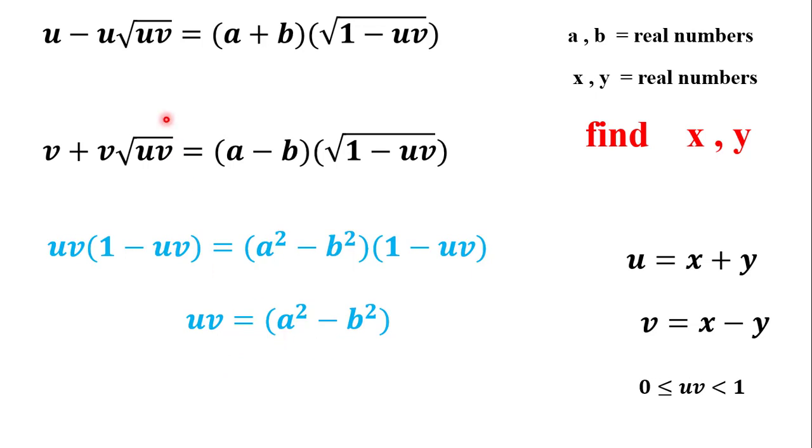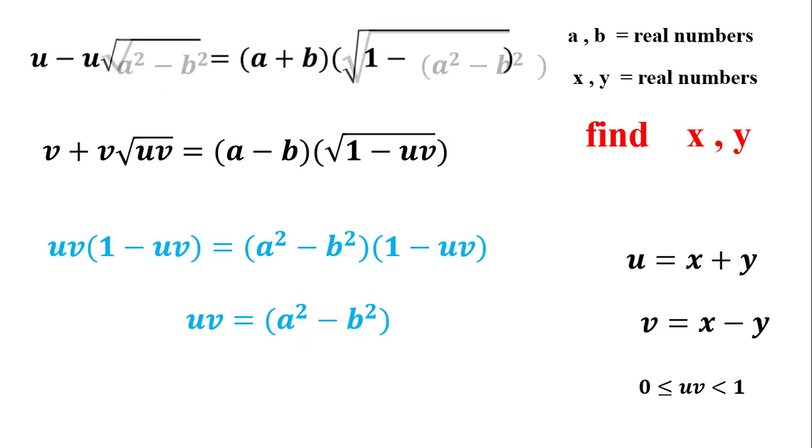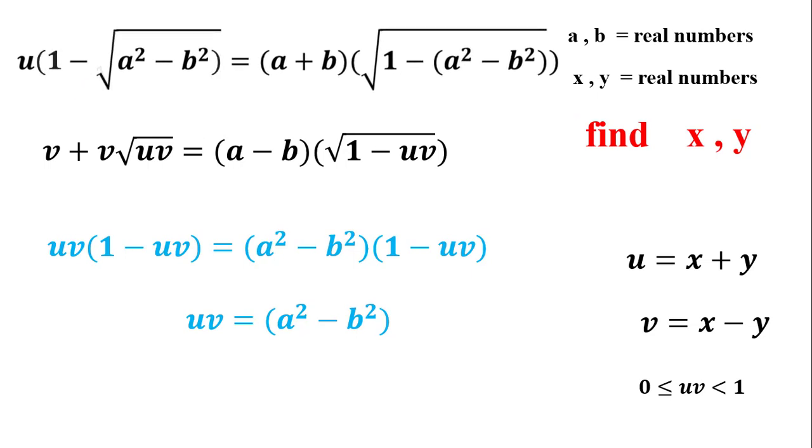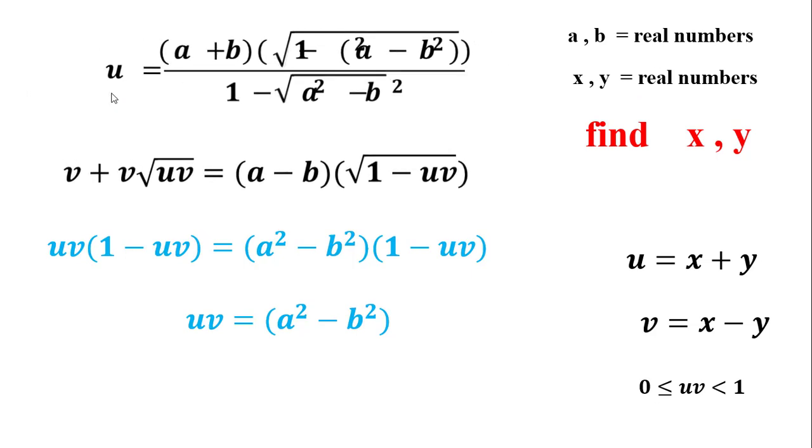Now we can replace uv in this equation by a squared minus b squared. By factoring u from these two terms, then dividing the right hand side by the coefficient of u, we get the value of u.